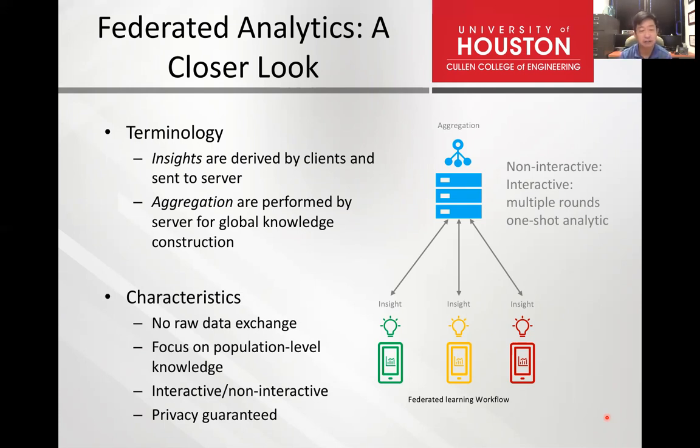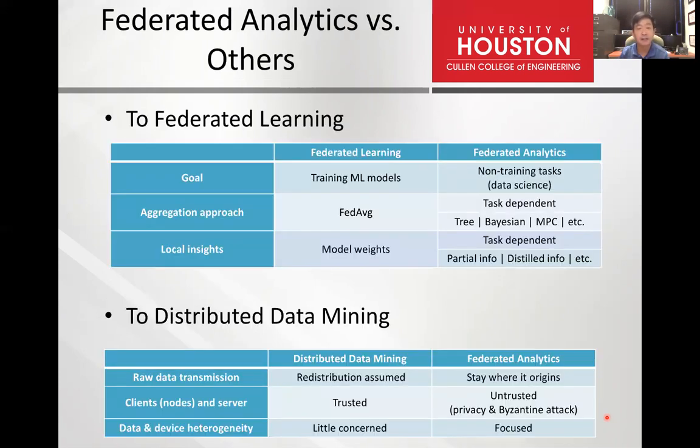There are characteristics: no raw data exchange, a focus on population-level knowledge, and they can have a privacy guarantee because this is just my opinion, with interactive and non-interactive cases. For federated learning, the goal is training a machine learning model. For federated analysis, they can have non-training tasks like the data size. For federated learning, the aggregation approach is just averaging, while for federated analysis it's really task dependent.